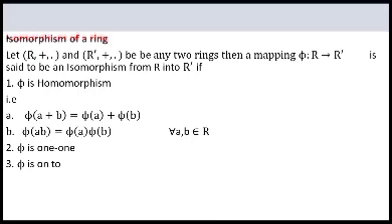Then a mapping phi from R to R dash is said to be an isomorphism from R into R dash if first condition is phi is a homomorphism, that is phi of A plus B is equal to phi of A plus phi of B, phi of AB is equal to phi of A into phi of B for all A comma B belongs to R. Second one, phi is 1-1. Third one is phi is onto.